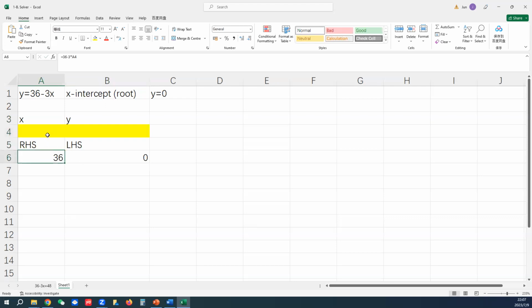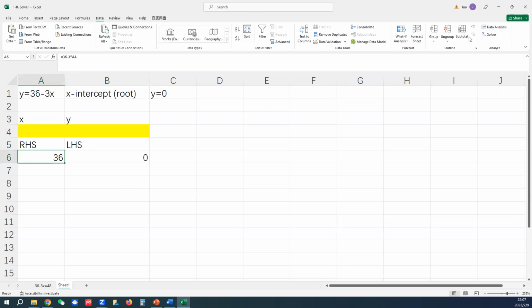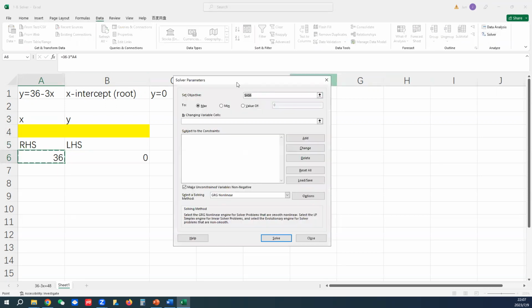This is just the default value. Let's do the calculation and solve. We set the objective, which is the right-hand side, the one that is actually changing, to make this value 0 by changing the variable cell, which is x.